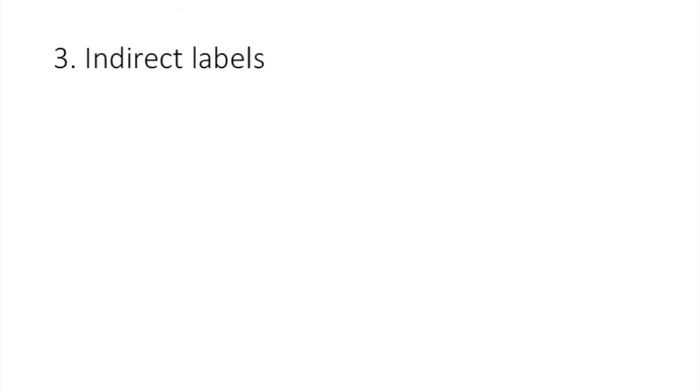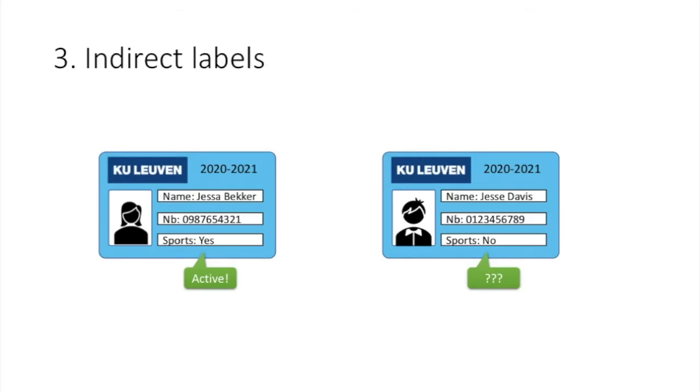Imagine, for example, that we want to predict in our student population of our university which students are active, as in which students do sports and which ones do not. To obtain this information, we could ask a subsample of the students about their habits, but there might be an easier way. We can look at which students do have sports subscriptions of the university itself.